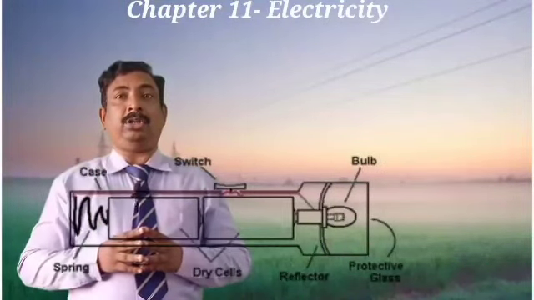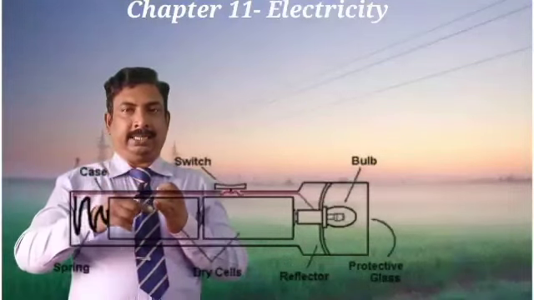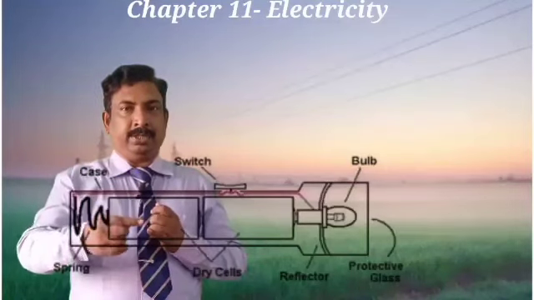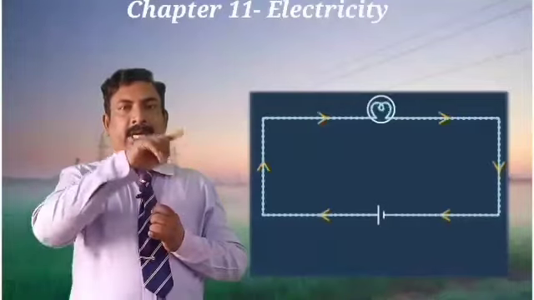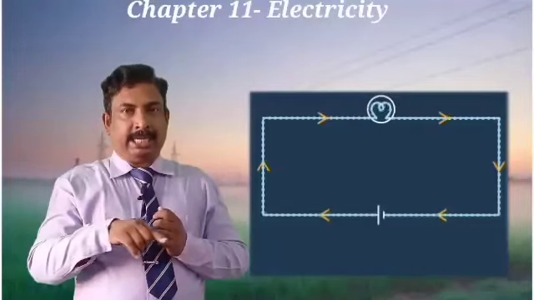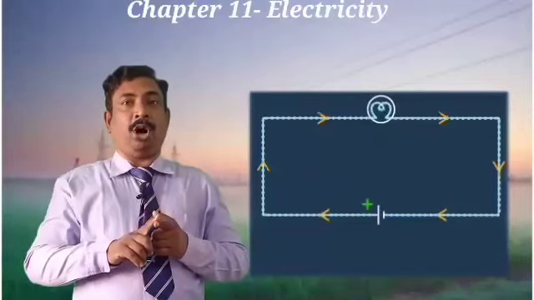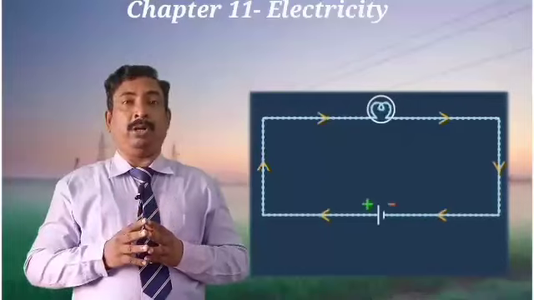In this torchlight, wires are connected to the switch, then the bulb, and the bulb is connected to the batteries, and batteries again connected to the switch. When the switch is closed, there is a continuous flow of charges. When the switch is off, there is no flow of charge. That's why the bulb does not glow.